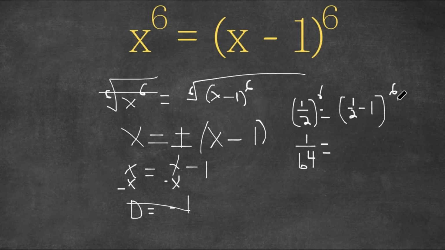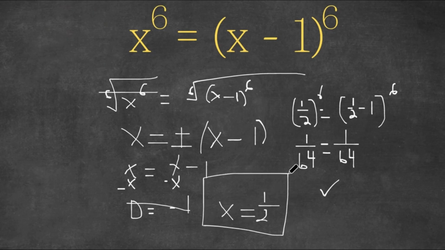And -1/2 to the power of 6 is the same thing as 1/2 to the power of 6, because as long as our exponent here is even, our answer is always going to be positive. So -1/2 to the power of 6 is also 1/64. So this is right, meaning x does equal 1/2. So this is our answer to this equation.